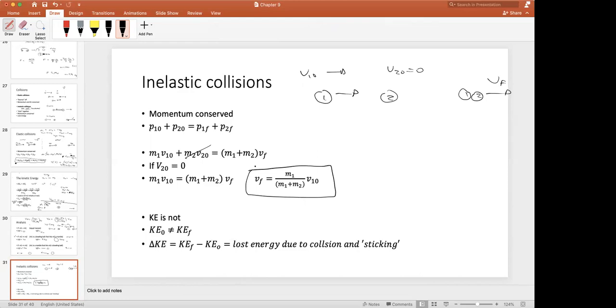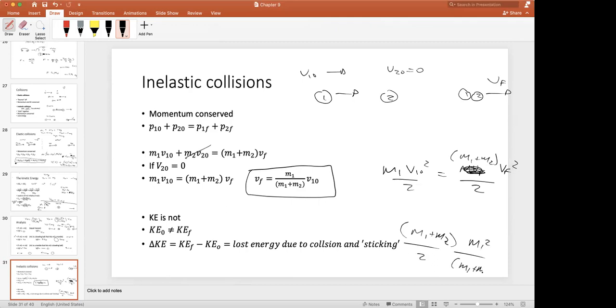But look, you'll see that initially the kinetic energy was M1 V1 initial squared over 2, right? And this is equal to M1 plus M2 times V final squared over 2. If I plug in, I get M1 plus M2 divided by 2 times M1 squared over M1 plus M2 squared times V1 initial squared, right?